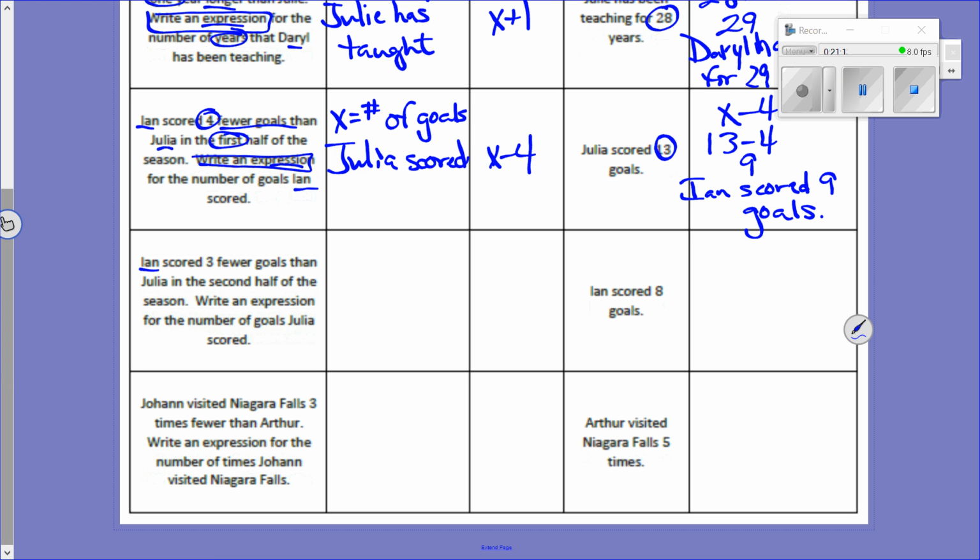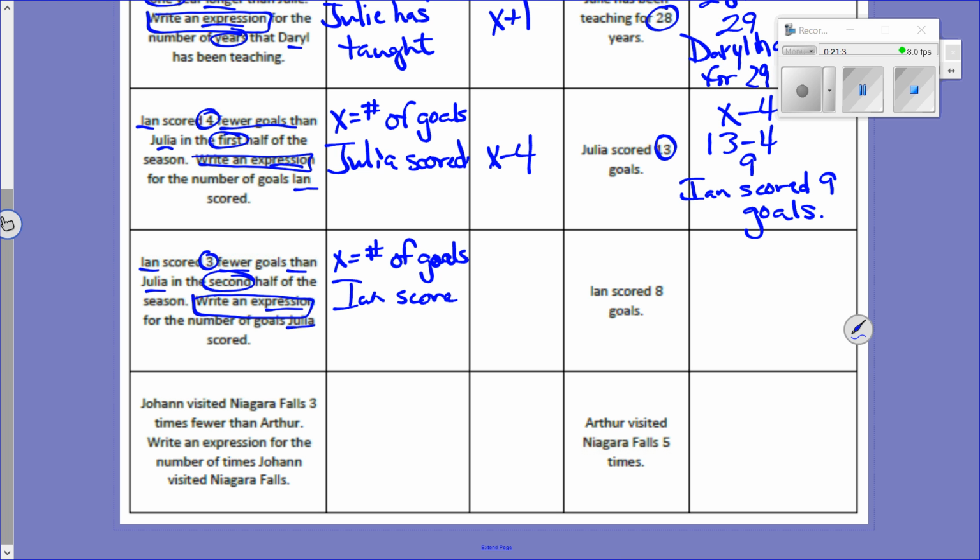Ian scored 3 fewer than Julia in the second half. Write an expression for what Julia scored. So if I'm solving for Julia, what do I not know? The amount of goals Ian scored. Number of goals Ian scored.